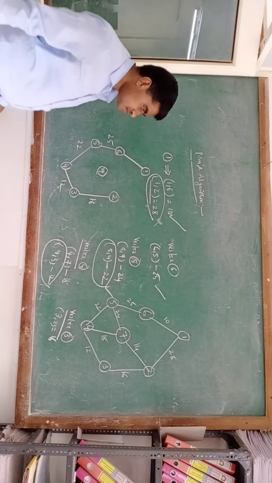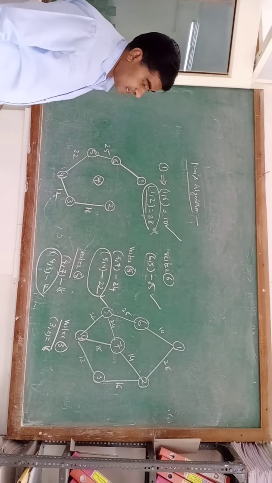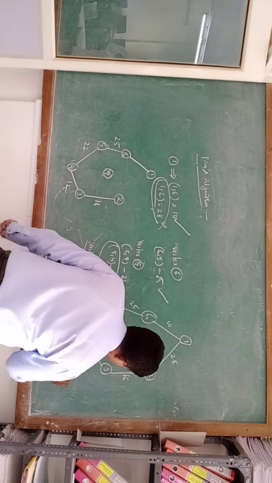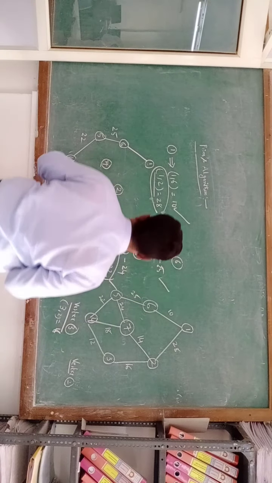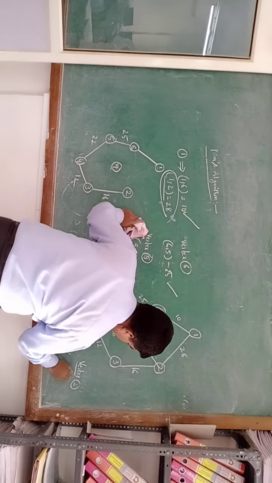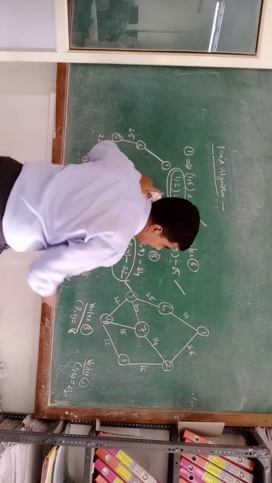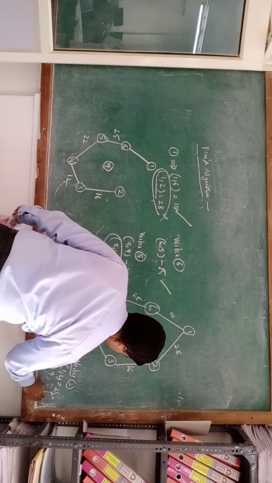16. Now vertex 2 is also included in the spanning tree, meaning vertex 2 is also visited. For vertex 2, what are the corresponding edges? 1 to 2, already 28 is there, and 2 to 7 is also there. 2 to 7, that is 14.